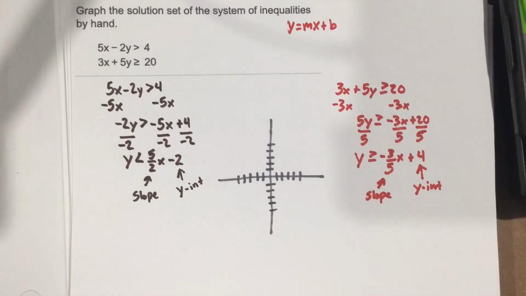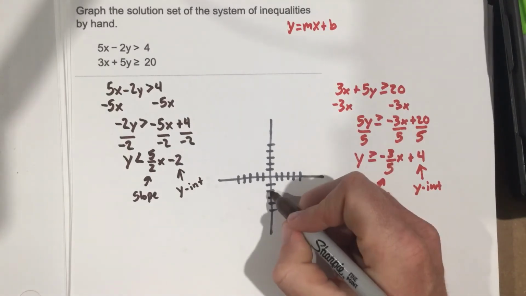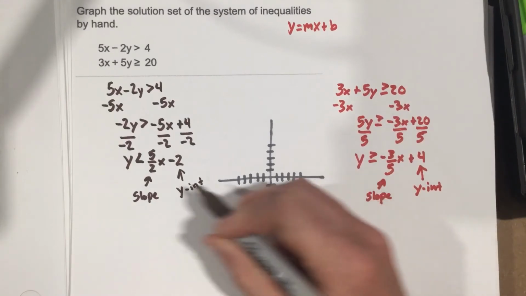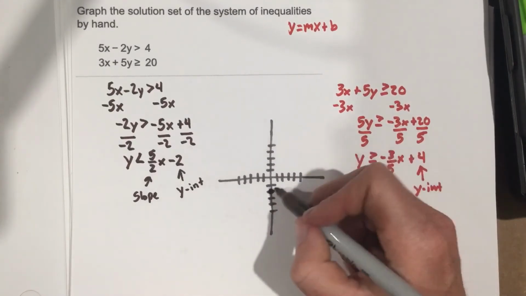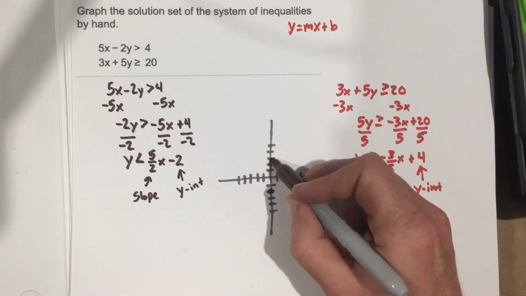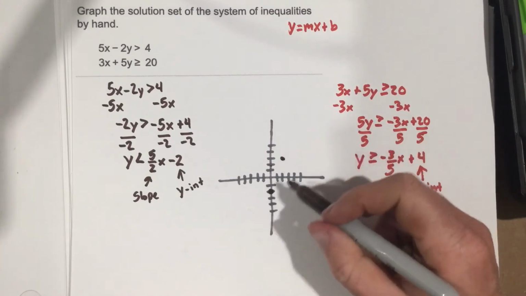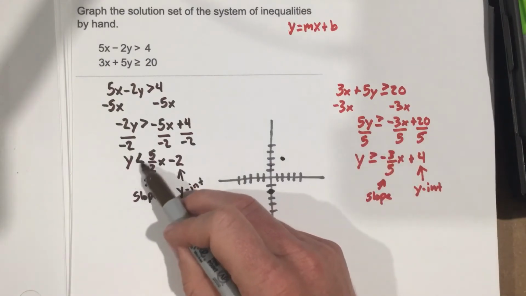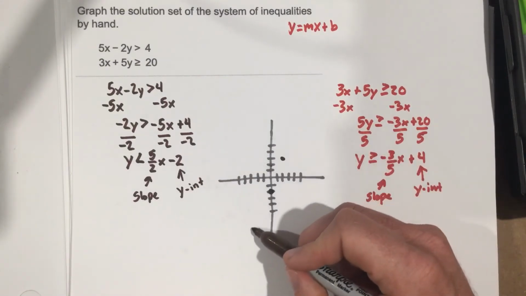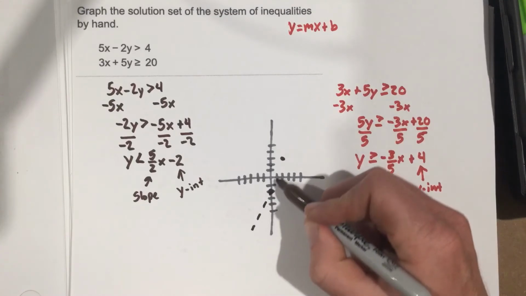And then let's start to graph. So we're going to graph the brown inequality first. Negative 2 is the y-intercept. It's up 5 over 2, so 1, 2, 3, 4, 5 over 2. And I'm probably just going to use 2 points here. That's a dashed line because there's no equal sign. So we're going to go with the dashed line.